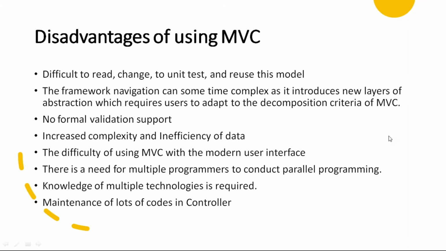If you're trying to convert it for a mobile user interface, you have to go the extra mile to get that done. So it's quite difficult when working with modern user interfaces because, for example, if you're building an application that needs to conform to web and mobile and several platforms, you have to go the extra mile to ensure it fits all these platforms and interfaces.